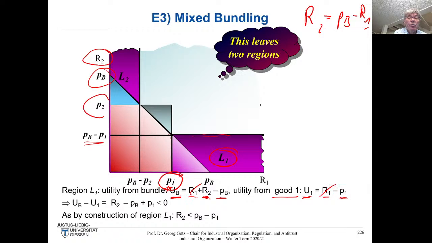If we do UB minus U1, we get R2 minus PB plus P1, and from this condition we already know that R2 will be smaller than PB minus P1, and therefore this is negative. So the utility from the bundle is lower than the utility from just buying this. So these guys are buying only product 1, and of course these guys in L2 will buy only product 2.